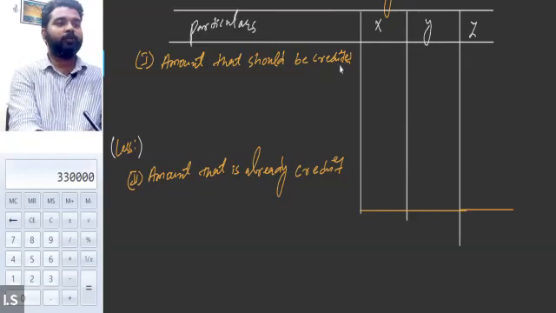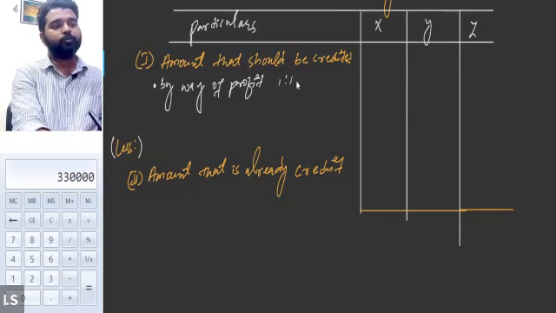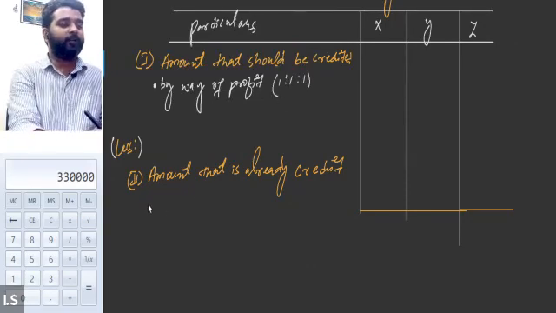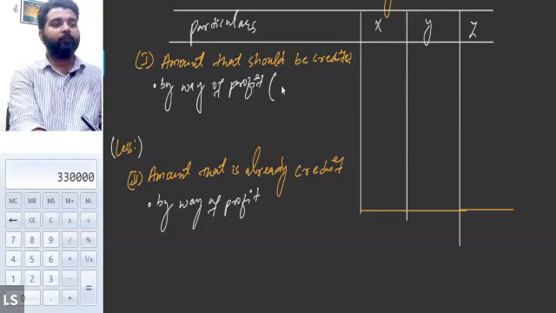So the amount that should be credited by way of profit, I'm sorry, the profit should have been divided among the partners in the ratio of 3:2:1. 3:2:1 was their profit sharing ratio.